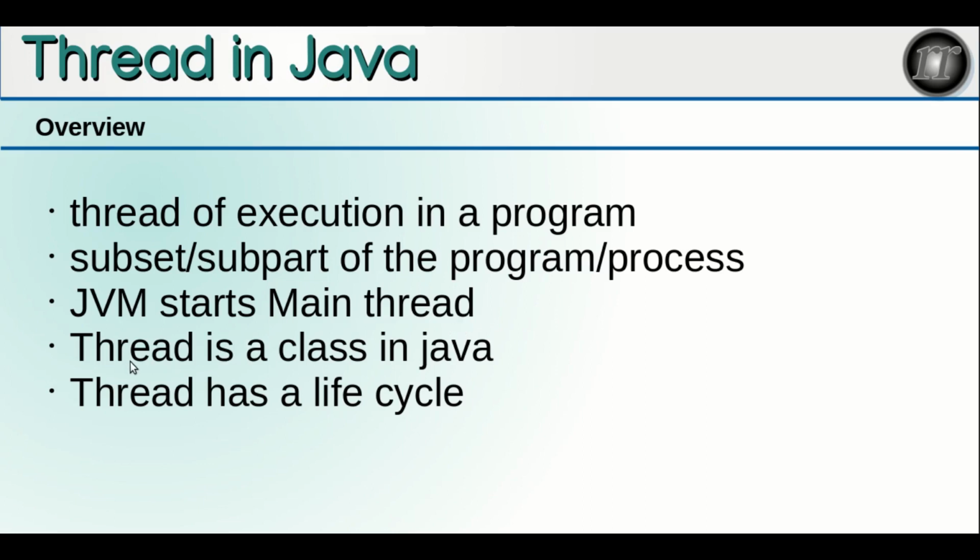And in Java, Thread is basically a class, so it provides you different methods to control the threads. And a thread has a life cycle also. We will discuss it in the next videos.